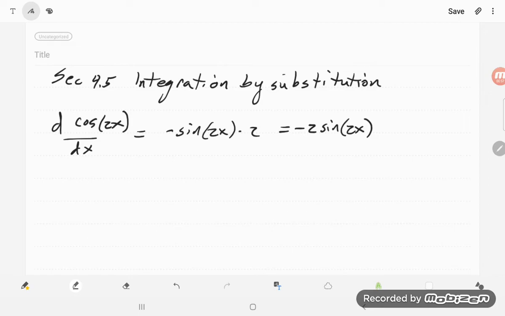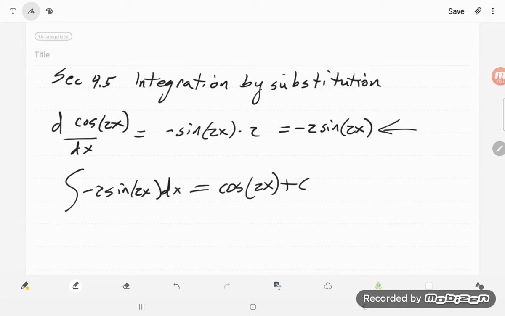And now, since I have it right here, if somebody were to ask me, well, hey, what's the antiderivative of negative 2 sine of 2x dx? Well, I could just tell them, obviously that's cosine of 2x plus an arbitrary constant, because I have it right there.